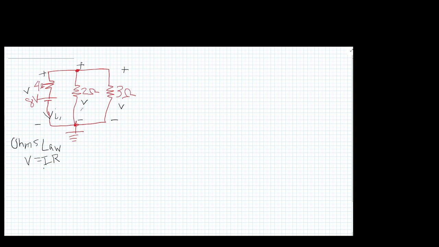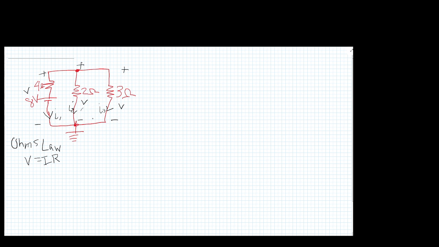And V is always the electric potential, or that is the voltage. So this branch has its own current, and so does this. So this one, we'll call it the current through branch 2. And this one, we'll call it the current through branch 3.